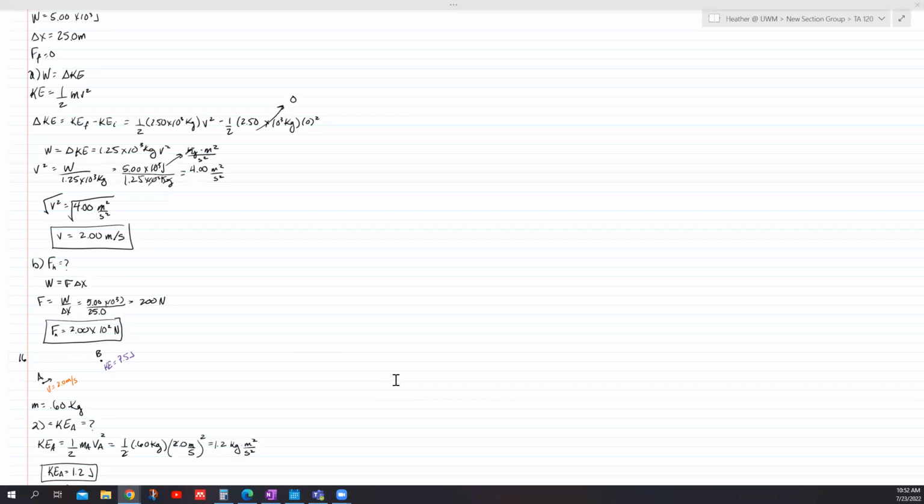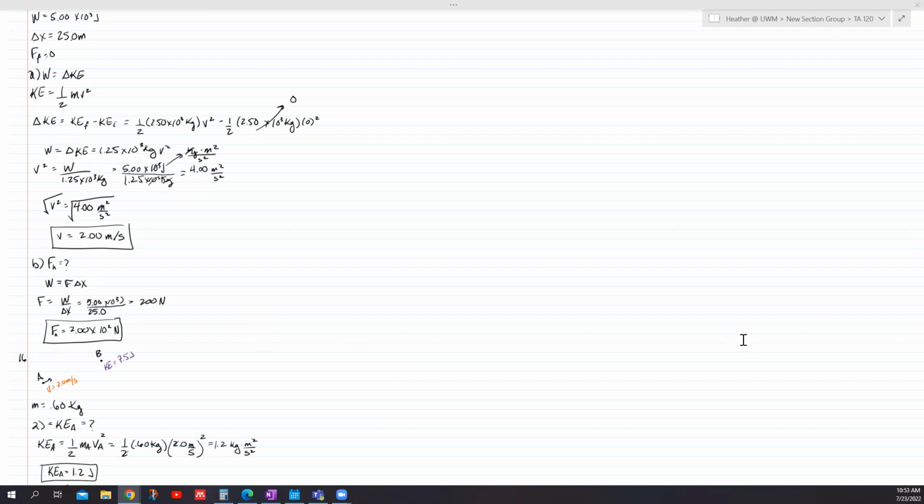So W equals F delta X. We rearrange the equation so that we're solving for the horizontal force. We plug in what we're given, 5.00 times 10 to the 3rd joules divided by delta X, which is 25.0, and we end up with 200 newtons. Putting that in significant digits, we have 2.00 times 10 to the 2 newtons.